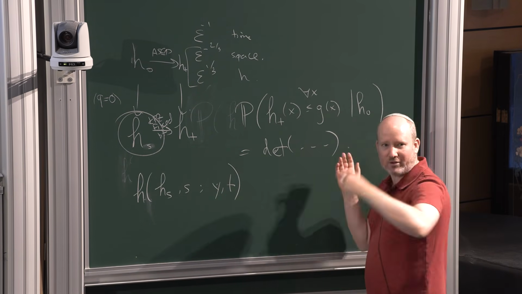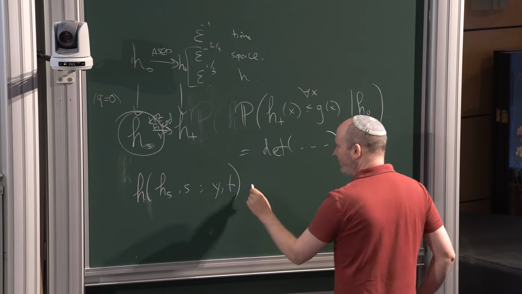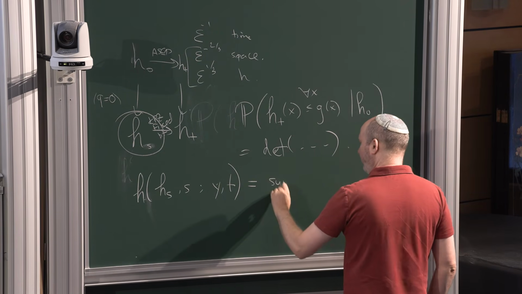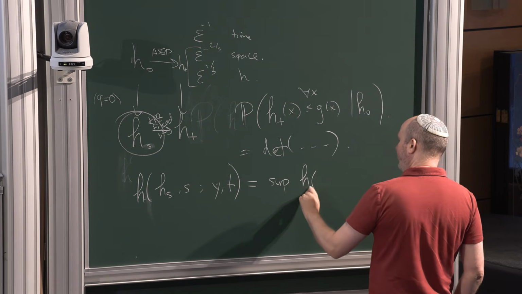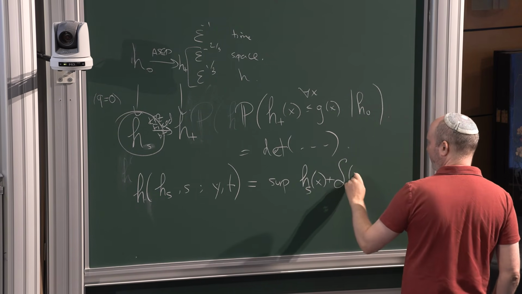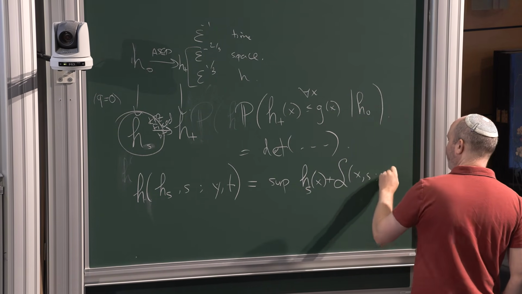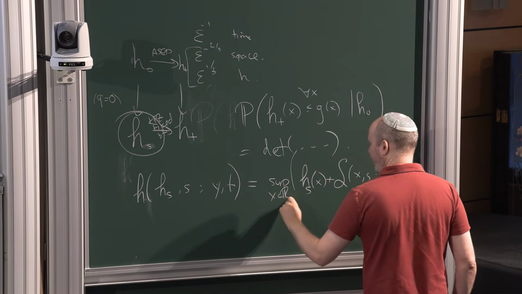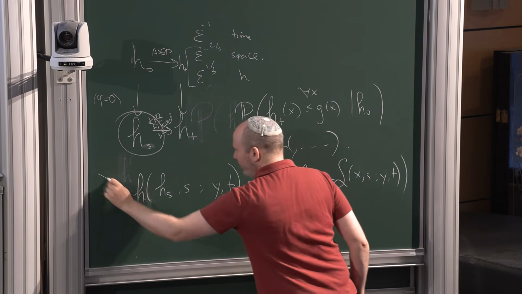That entire process over all initial data and over all times, and for all y and for all t, is equal to the sup over h_s(x) plus this directed landscape object. And this is true for all q.